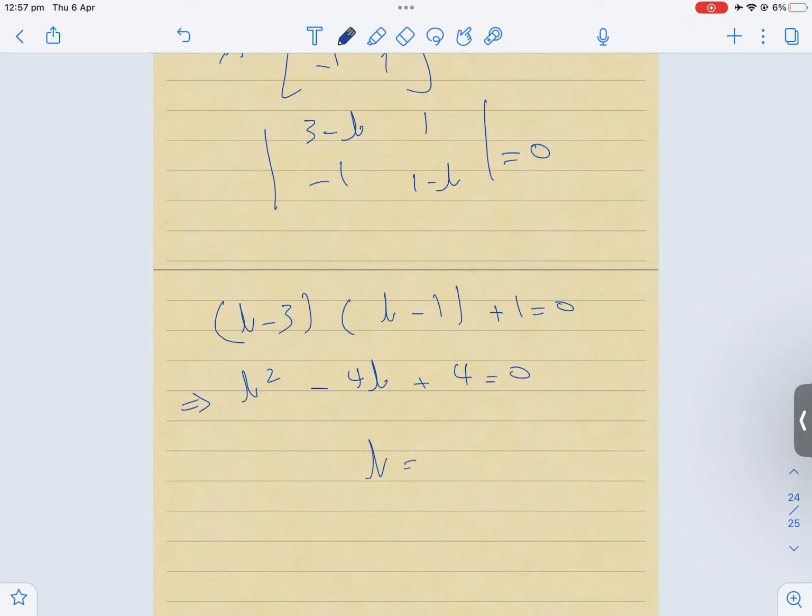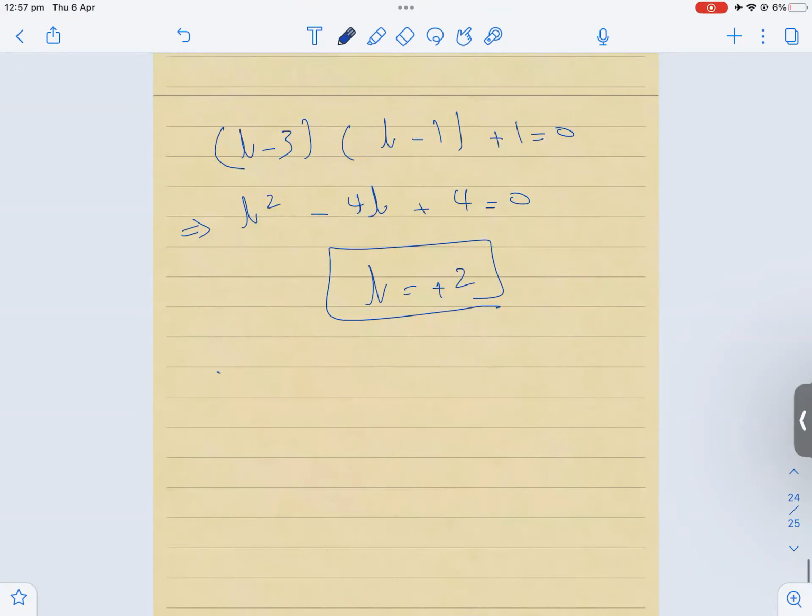So lambda will be plus 2, repeated. So e to the 2t, alpha 0 t plus alpha 1 t times 2.